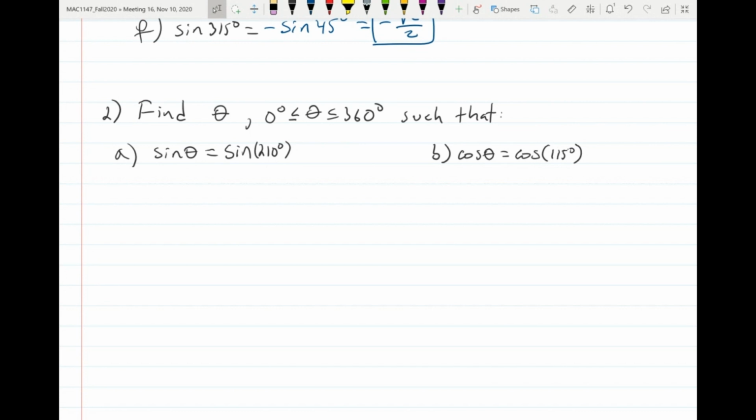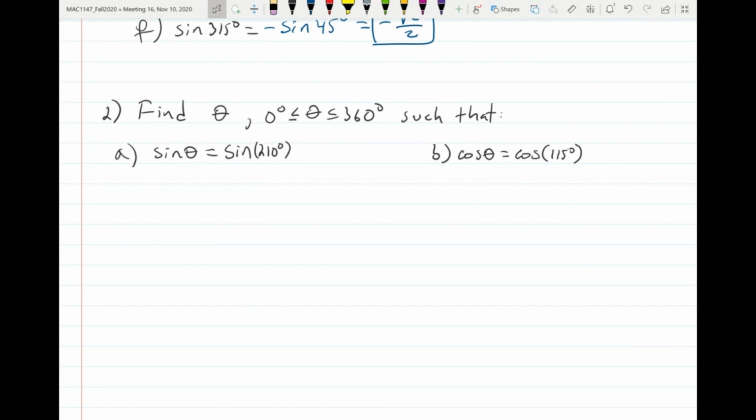Very good, sir. So we should figure out in what quadrant this angle should be. Can you tell me what quadrant this angle should be? So okay, wait. What angle are you referring to? Are you talking about theta or are you talking about 210? Okay, yeah, 210 is in quadrant 3, yes.